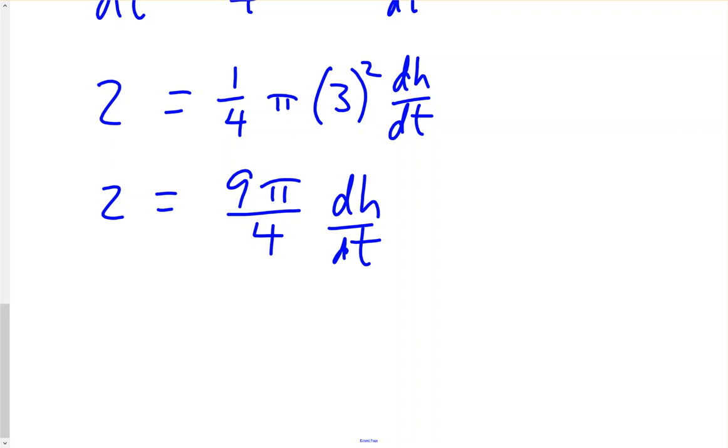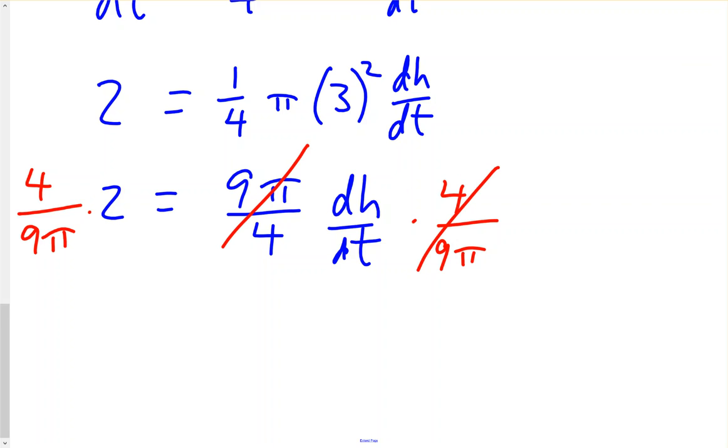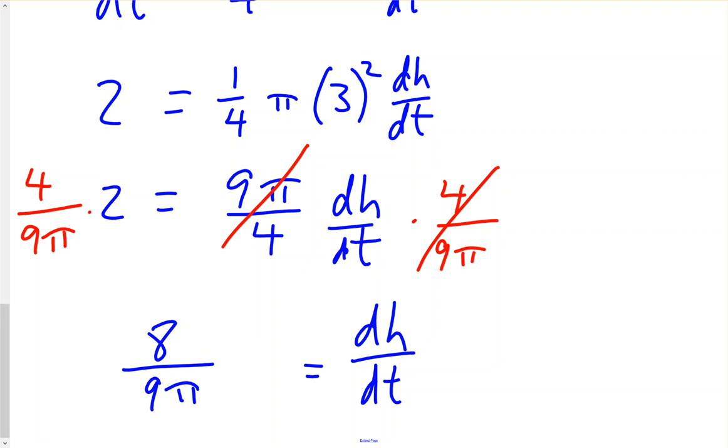And then to solve this for dh/dt, we can multiply by the reciprocal of 9 pi over 4. Okay, so that ends up giving us dh/dt equals 4 times 2 is 8, 8 over 9 pi meters per minute. Okay, and that equates to about 0.28 meters per minute.